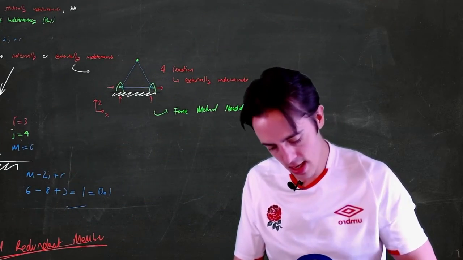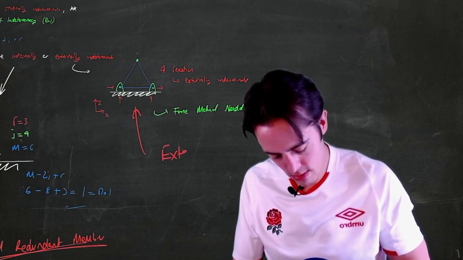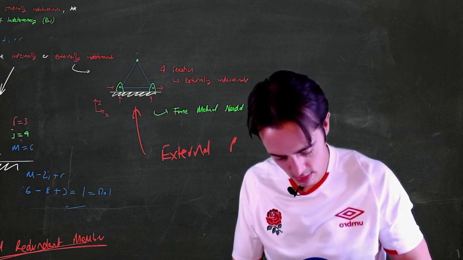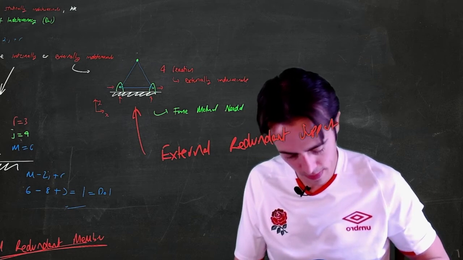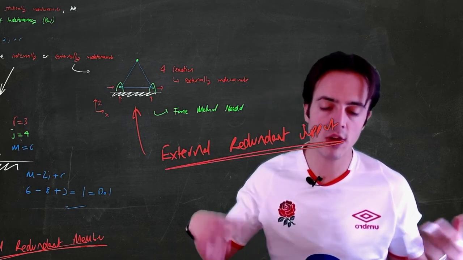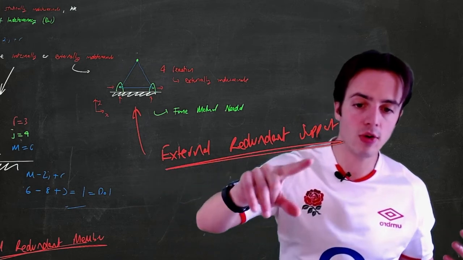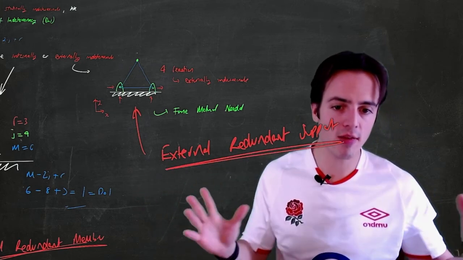This one here has an external redundant support. Okay, and the external redundant support, it just means that this structure has got one too many supports on there. It's not necessarily been over-designed, it's nothing regarding that.